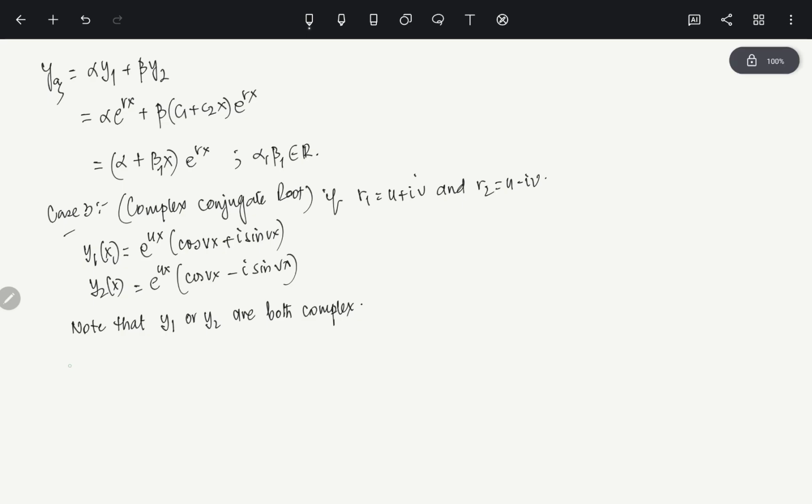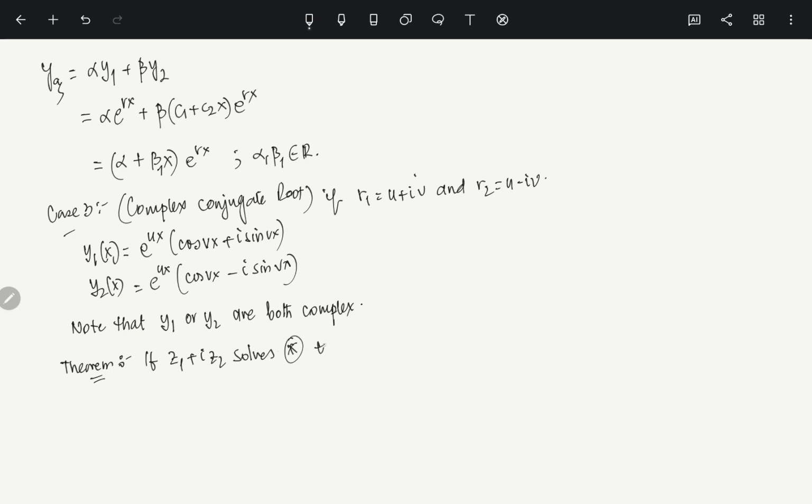So, what we are going to do is write down a small theorem here. It's a small theorem. Let us say z1 plus iz2 solves star.